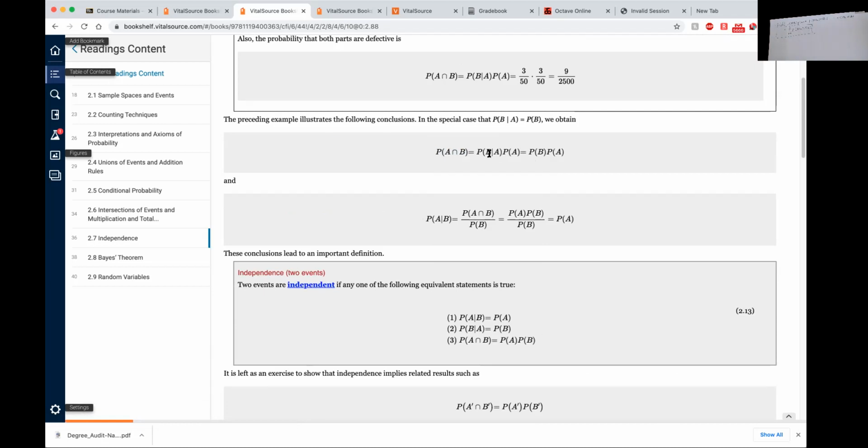Now, in these situations, what happens to the multiplication rule?